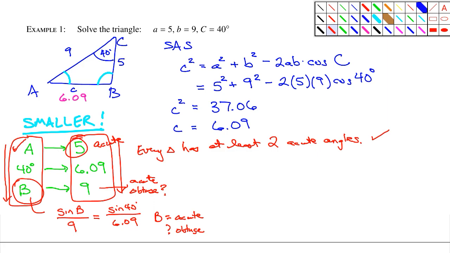So we can't use the law of sines to go for the larger angle here. We got to go for the smaller one first. So let's do that. So now let's go for angle A. So sine A over the side across from A, which is 5, is equal to the sine of 40 degrees divided by 6.09.